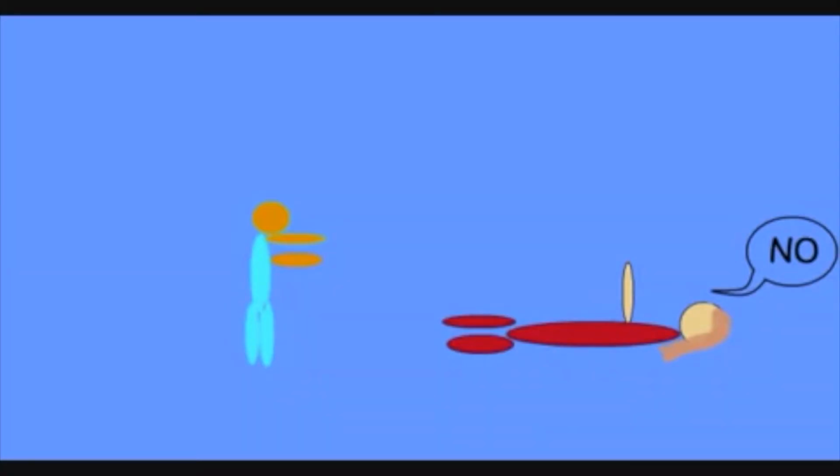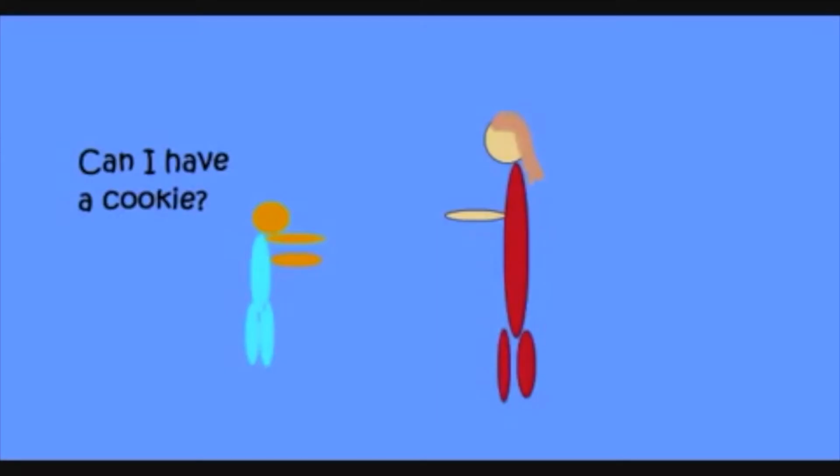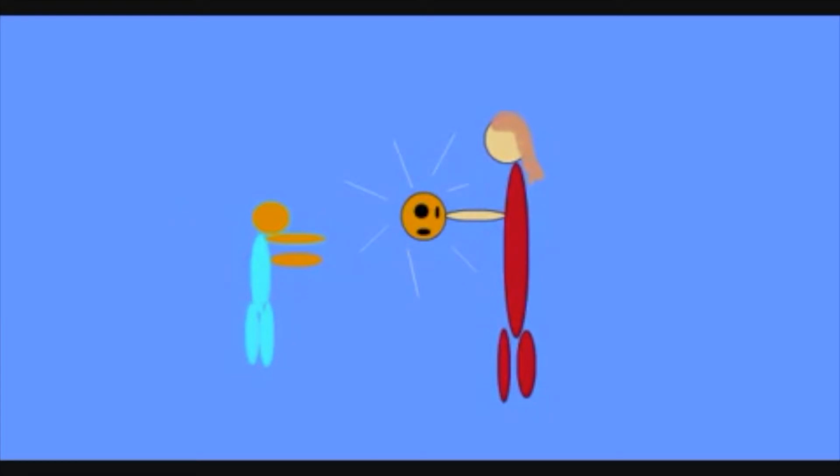I don't think so. So extinction isn't just ignoring the behavior, it means to remove the reinforcer of the behavior. In Sam's cookie asking case, the reinforcer of that behavior was his mom giving him a cookie. Since the cookie reinforcer was removed, Sam stopped asking his mom. So in the end, when Sam wants a cookie, he asks his dad.